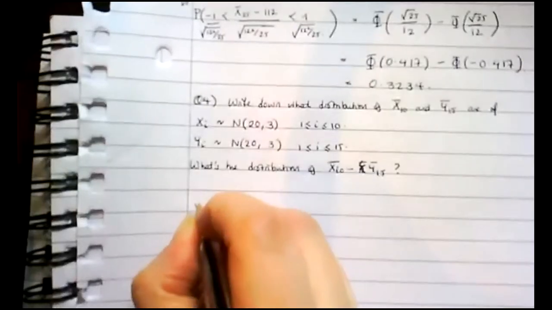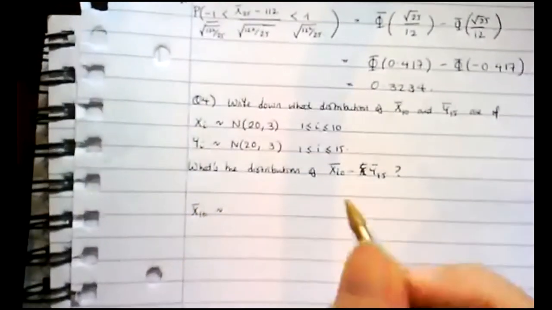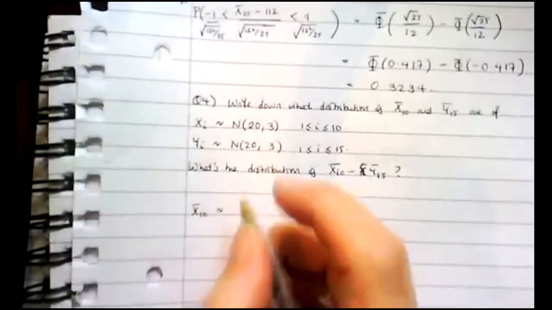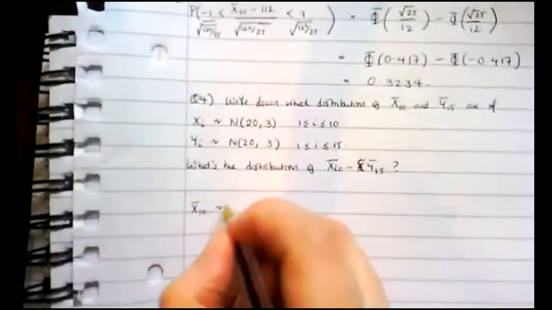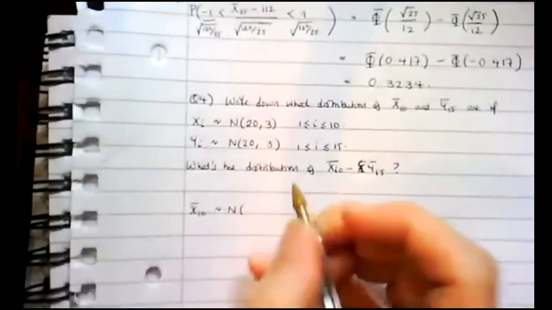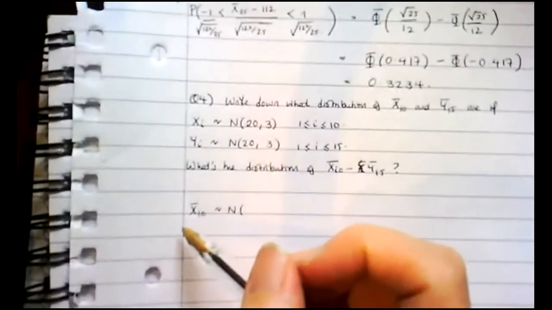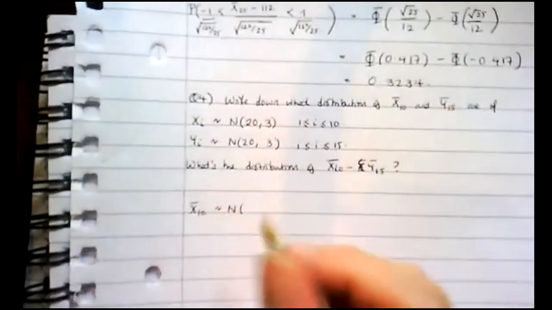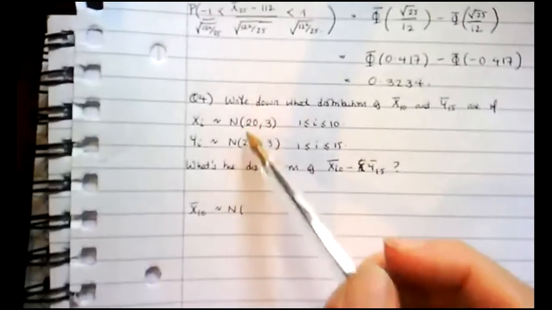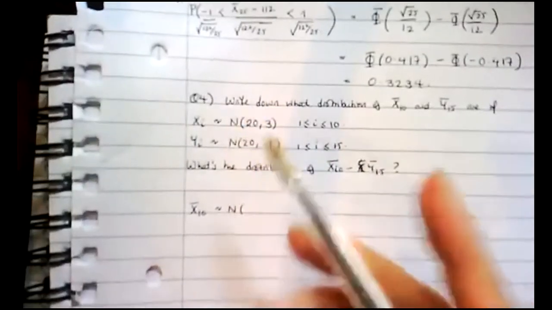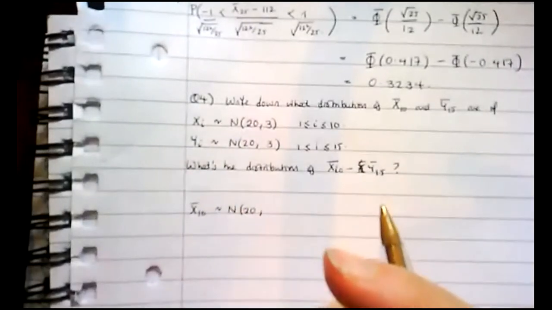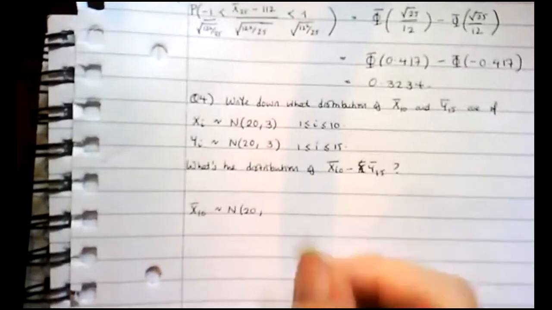Okay, so with x bar 10, it's a sample distribution mean. So I know that it's going to be normally distributed. And I know that the mean of the sample mean is going to be the same as the population mean. So I'm just able to lift the 20 from here. And the variance, I need to scale by the number of elements in the sample.